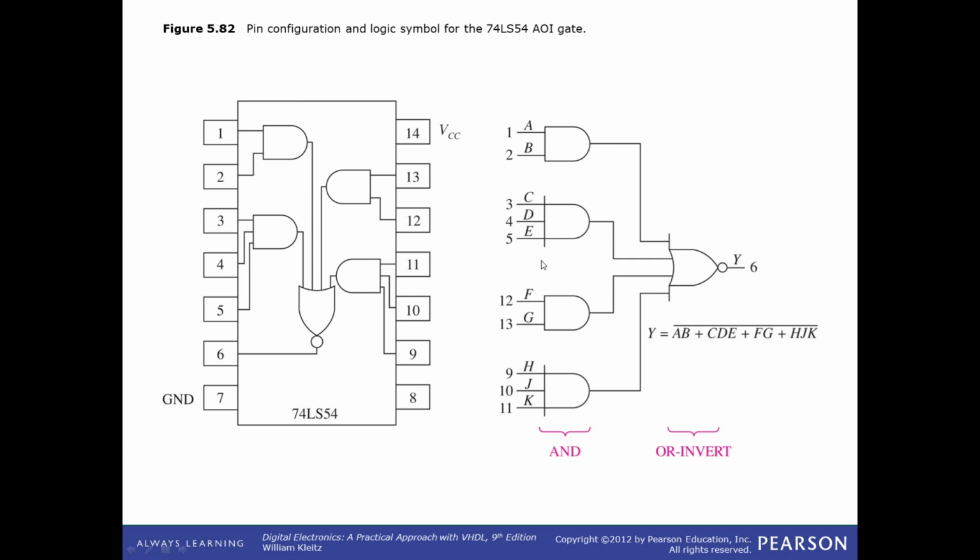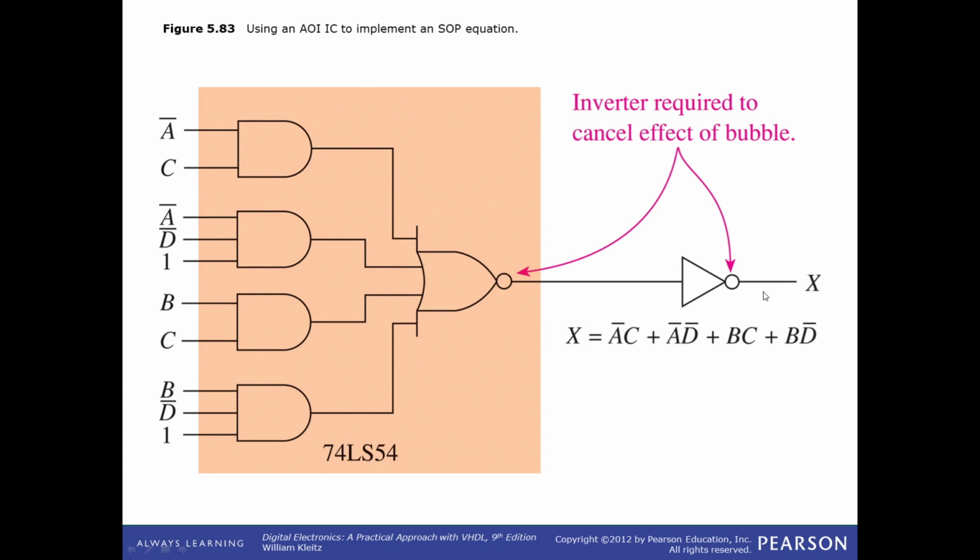Considering every single input, we can create this kind of equation here. Putting it to actual use, you don't have to use all of the gates, or you can set the inputs to ones or zeros, however you want to do it, to basically disable certain inputs that you don't want to use.